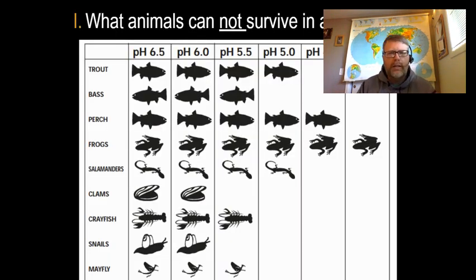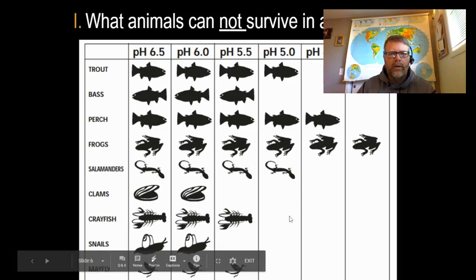Okay, so here we see a study of the different animals in a specific pond. Okay, and the question to you guys is, what animals cannot survive in a pH of 5? Okay, so the answer to that is, if we look at the 5 column, what is missing? Bass is gone, clams have died, crayfish have died, snails have died, and the mayflies have died.